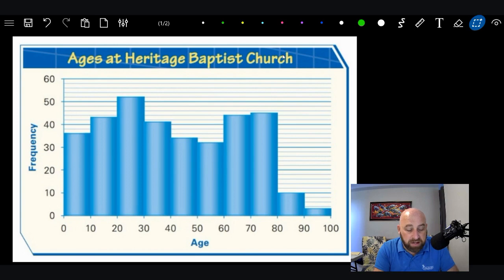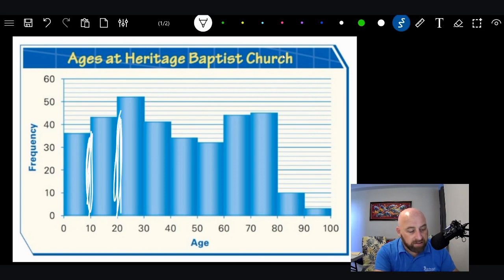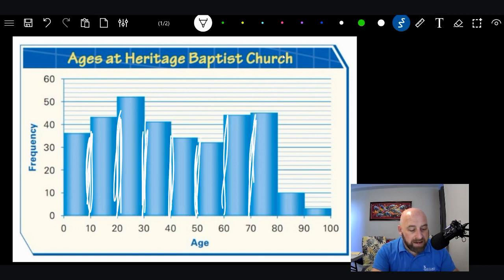All right, what are the ages at Heritage Baptist Church? What does this look like on a histogram? Notice it has bars. This is a vertical histogram. You could also have a horizontal histogram. Each little segment here is divided by a little bit of a darker line on the screen. I'm adding a little bit to that division so you can see it better.